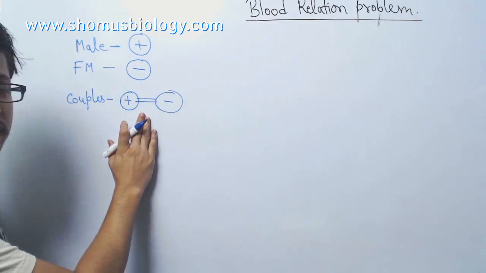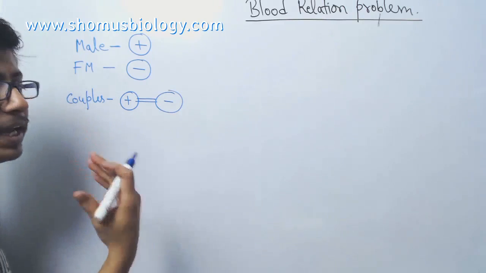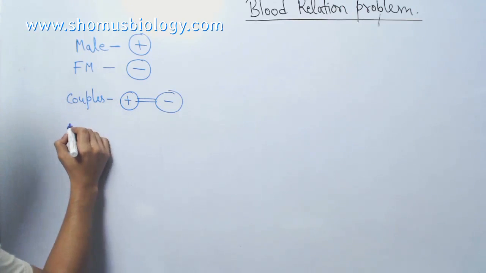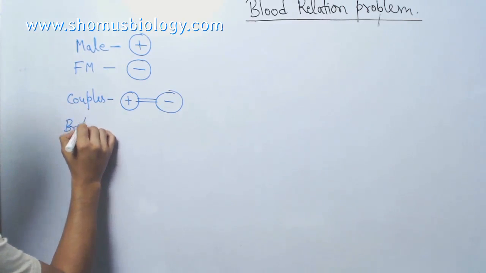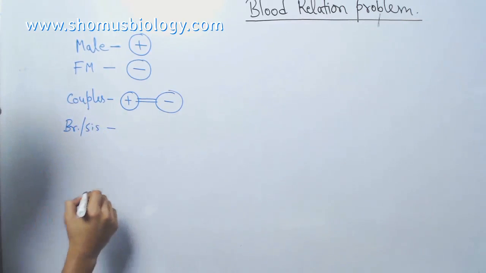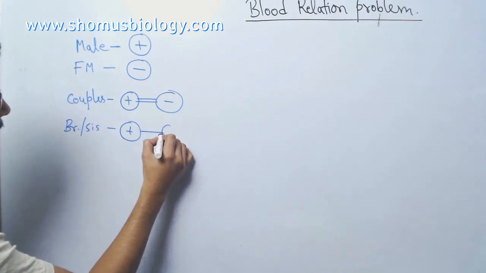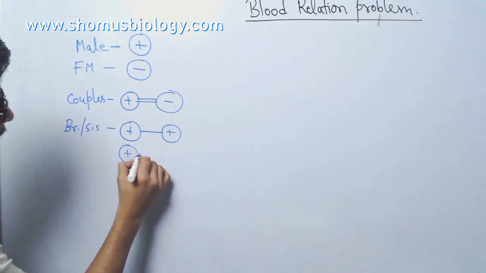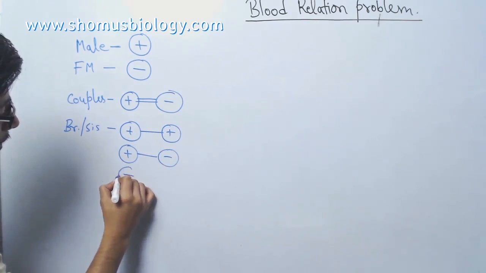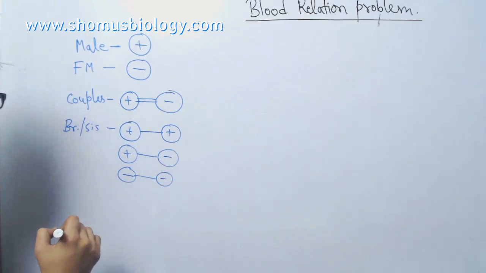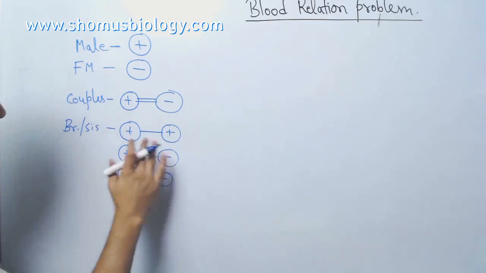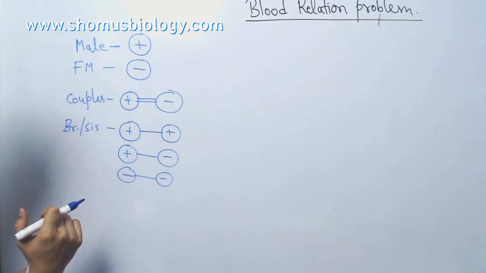So these are just the signs with which we represent things. Now the relationship with brother and sister, we will link it, brother with brother like that, brother with sister like that, sister with sister like that. A single line represents the relation between siblings.